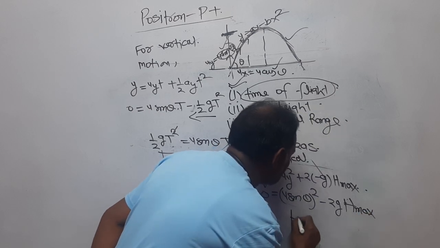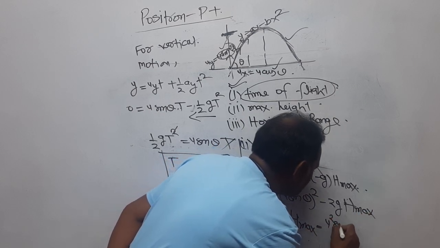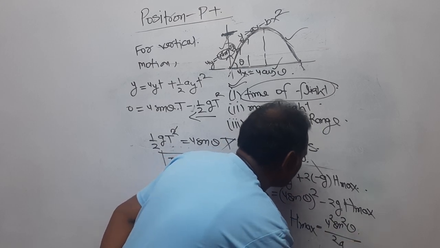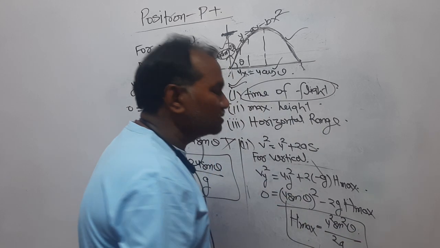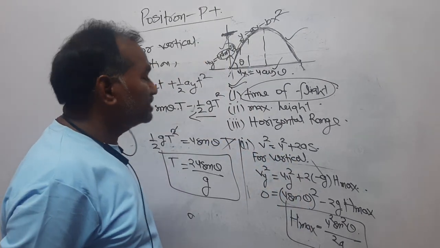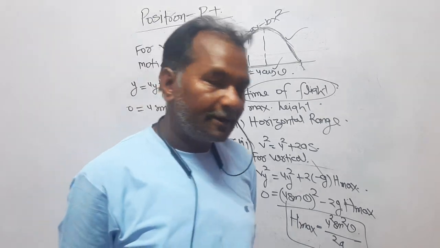In this way, h max becomes u square sine square theta upon 2g, where 2g is part of the denominator. In this way, you find the maximum height attained by the body in projectile motion.